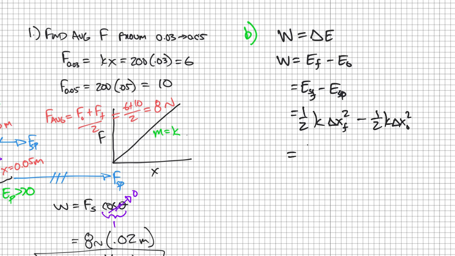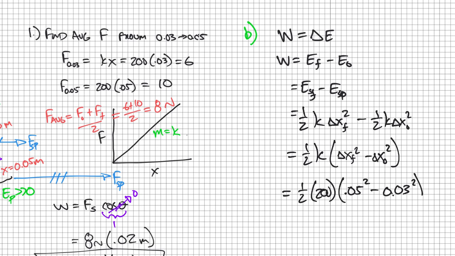I can factor out my 1/2 K because that's the same for each of them, and I just have delta X final minus delta X initial, and both of those are squared. When I plug that in, I get 1/2 times 200 times 0.05 squared minus 0.03 squared. If I plug that in my calculator, I get the same thing: 0.16 joules or newton meters.